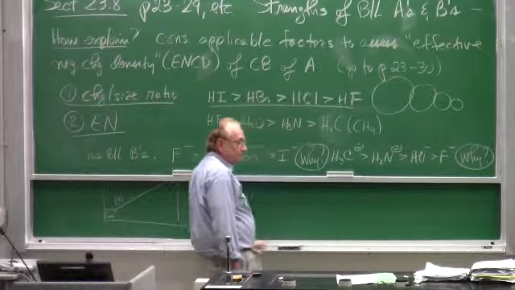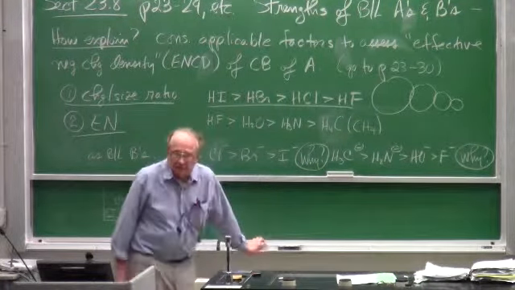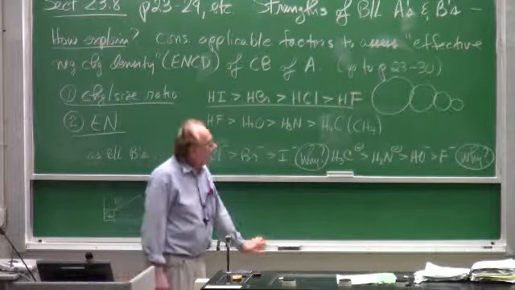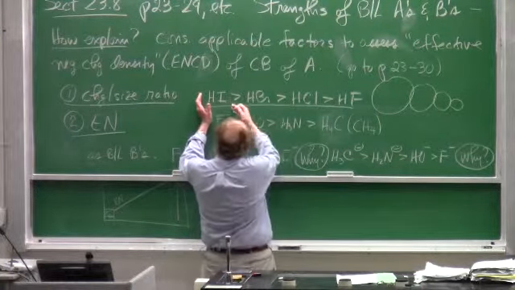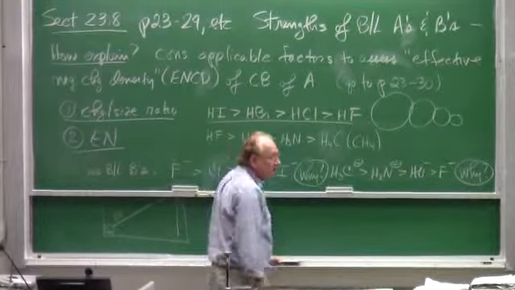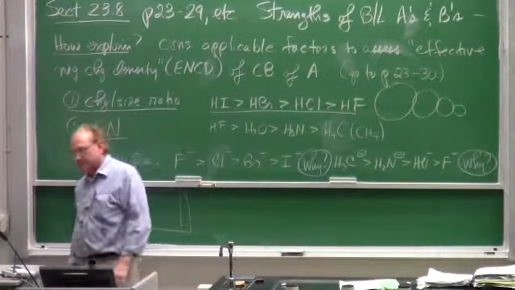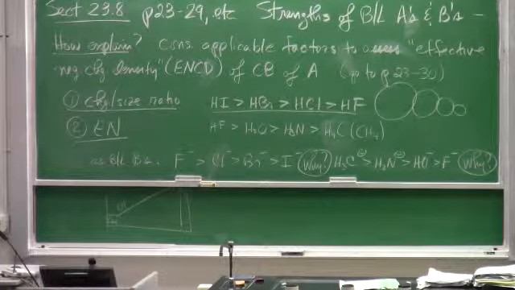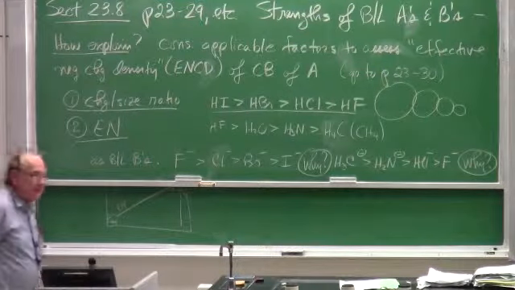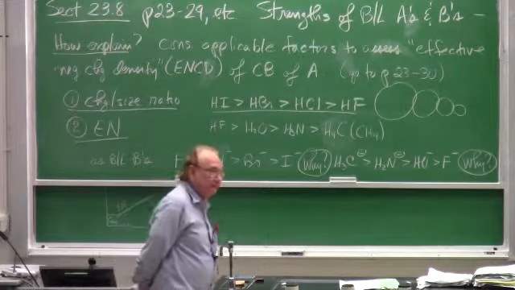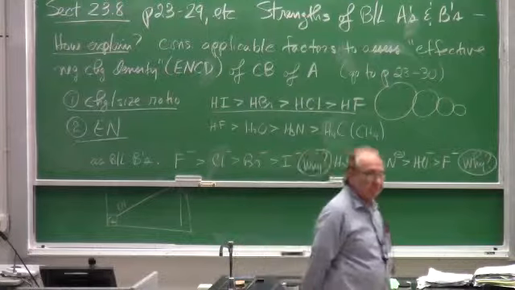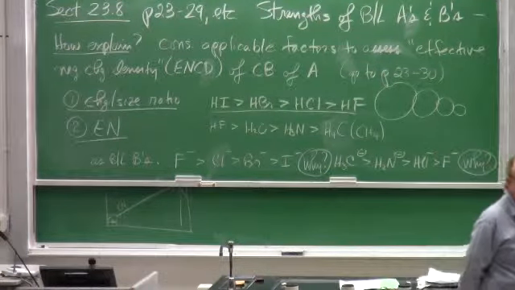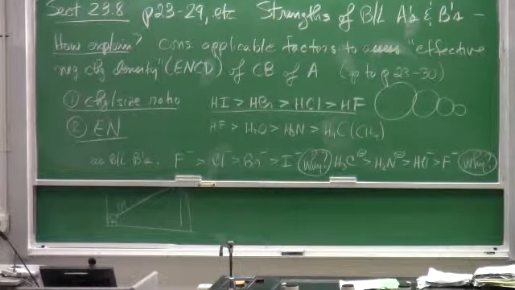Take note that if we attempted to decide how these four halogen acids compare strength-wise on the basis of atomic electronegativity, we would argue that I minus, Br minus, Cl minus, F minus.